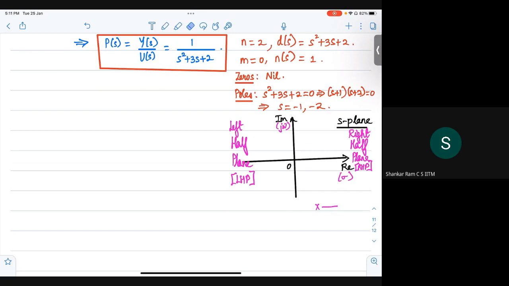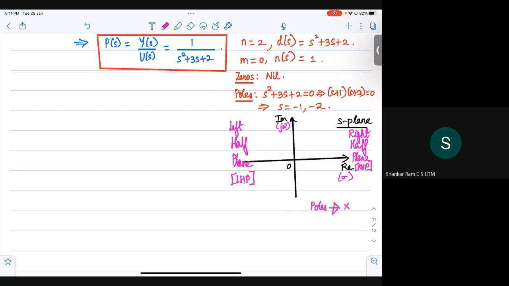is that we use some symbols. So what are these symbols? Poles are typically indicated by using a cross mark. That's how poles are indicated. This is just a graphical representation.